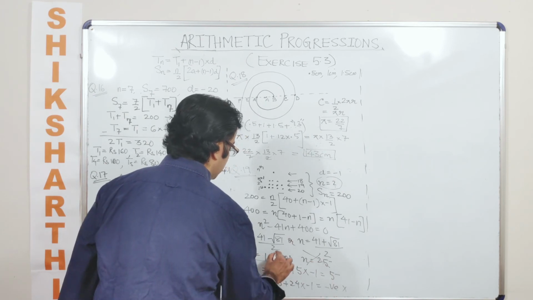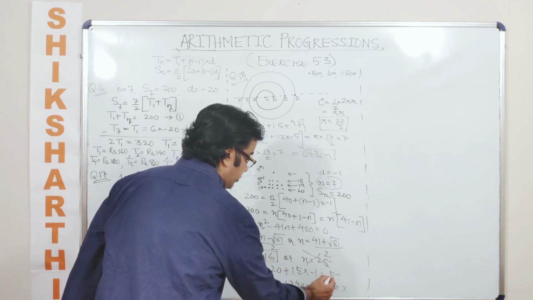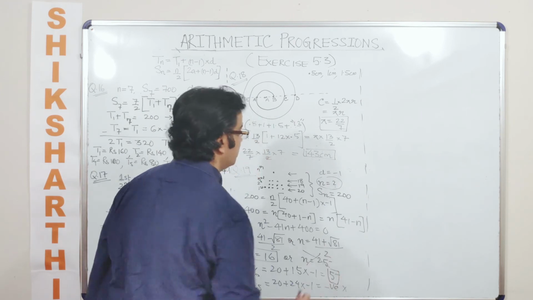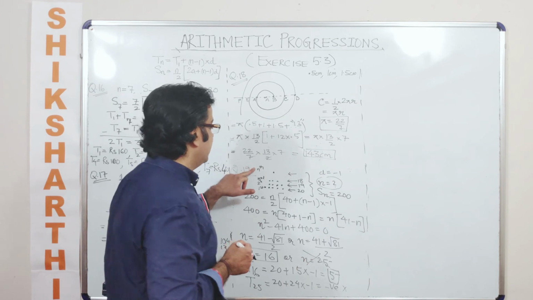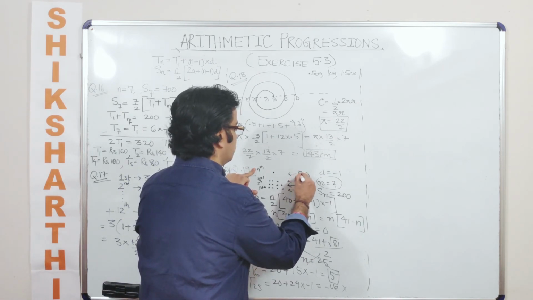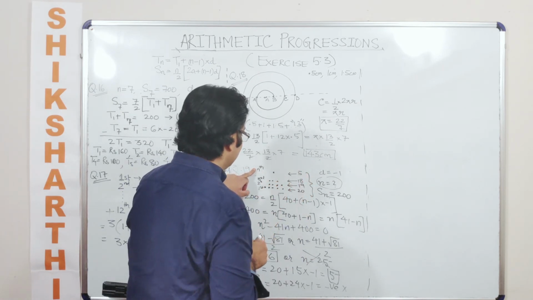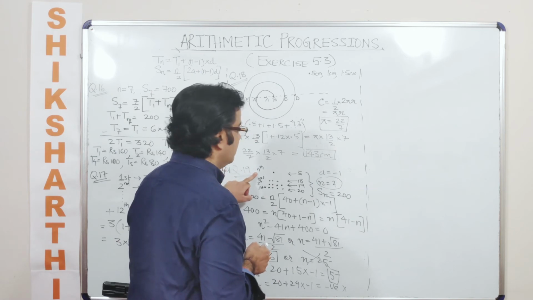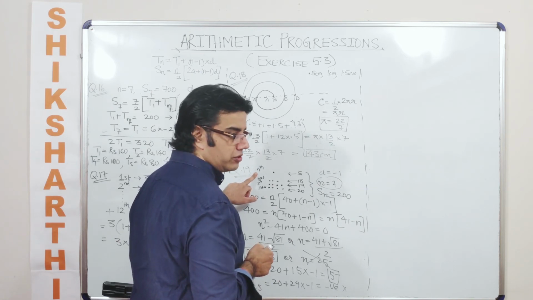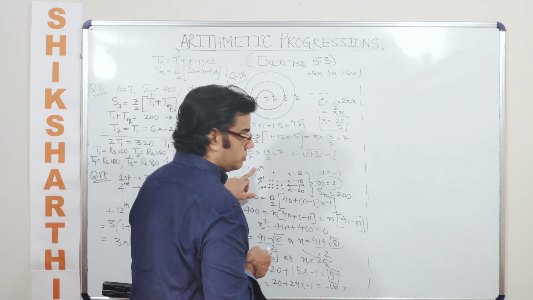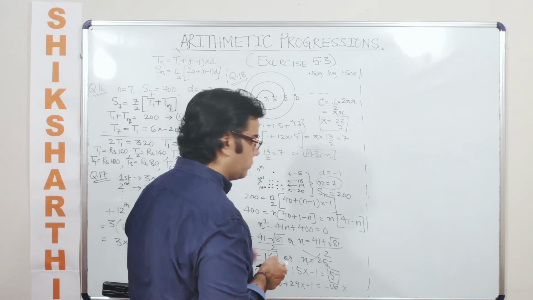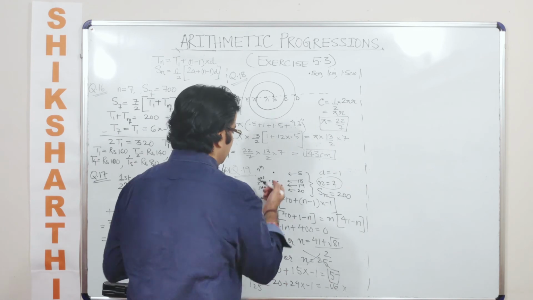So the number of rows here would be 16, and in the topmost row we'll be having how many logs? We'll be having 5 logs. So if I have 5 logs in the topmost row, which is the 16th row, in the 15th we'll be getting 6 logs. So let's come back again.